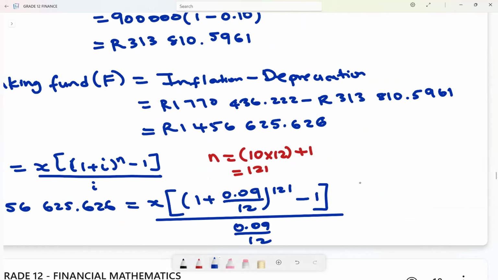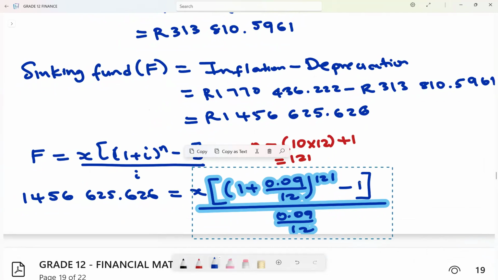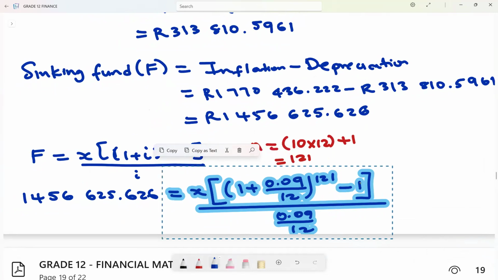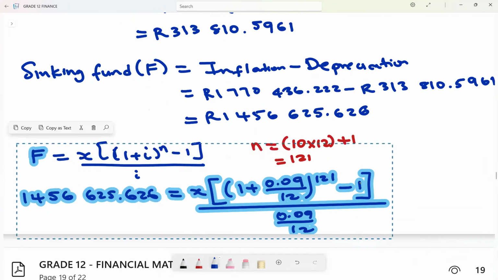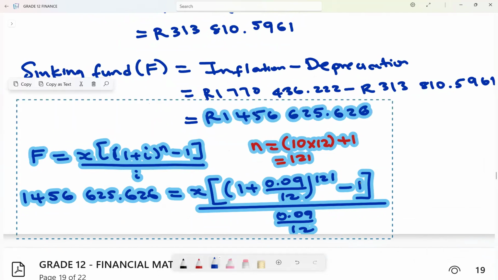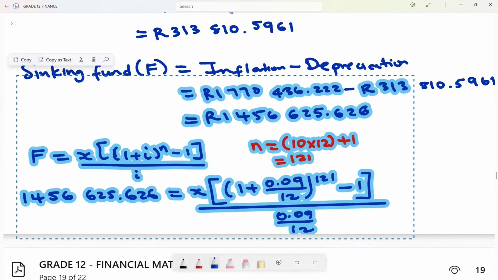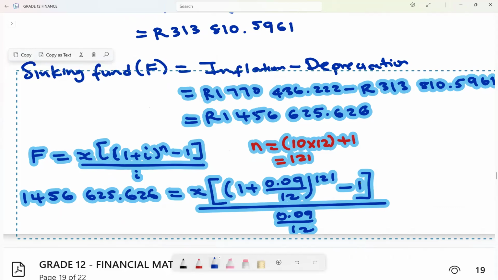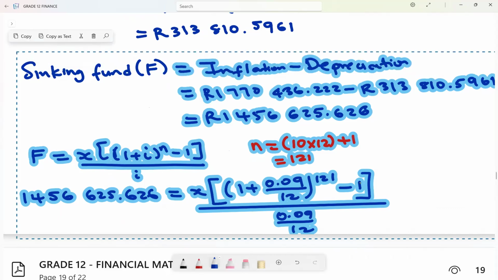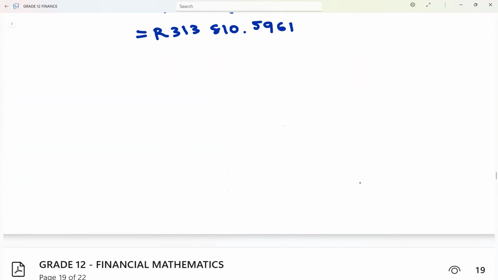I don't know where to write it because I've run out of space. Let me see if I can squeeze this at the top somewhere. Just be patient with me. Let me move this a little bit to the top.